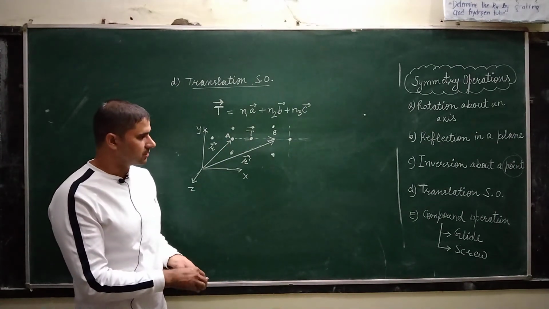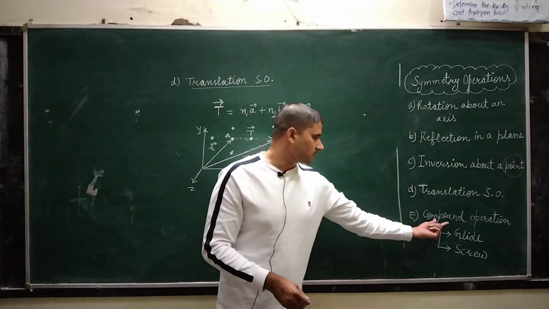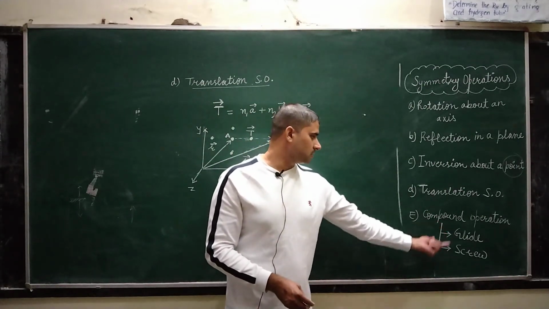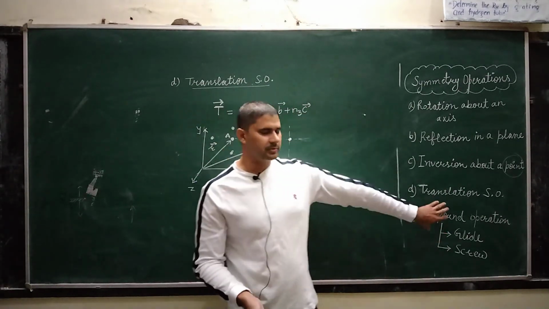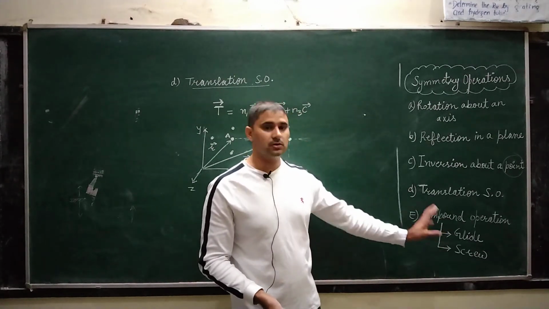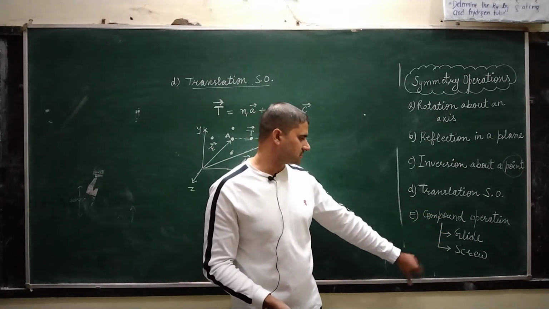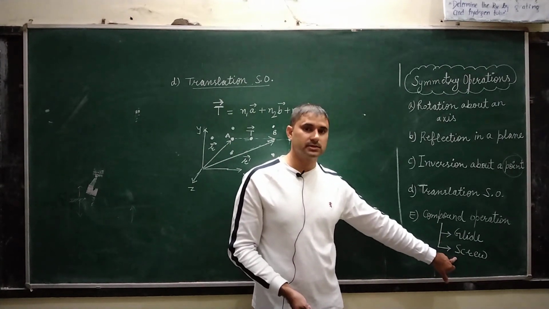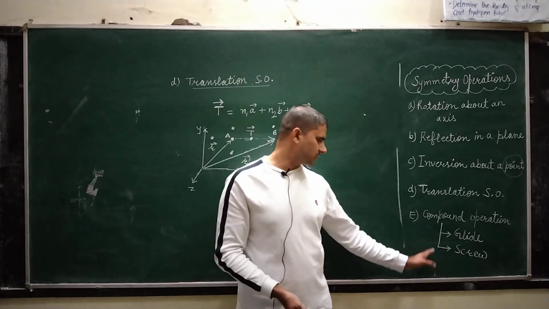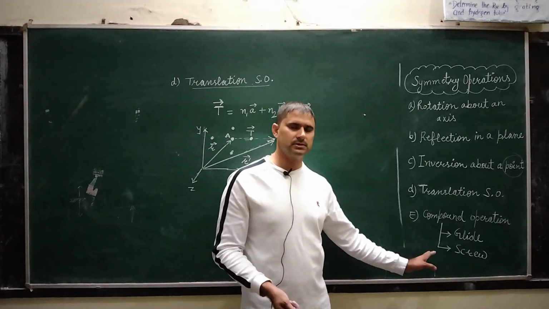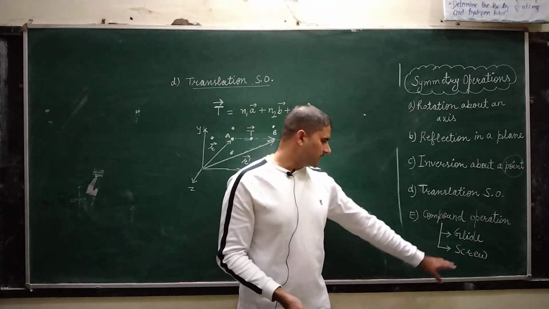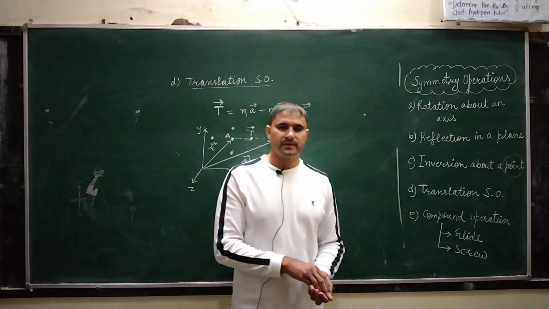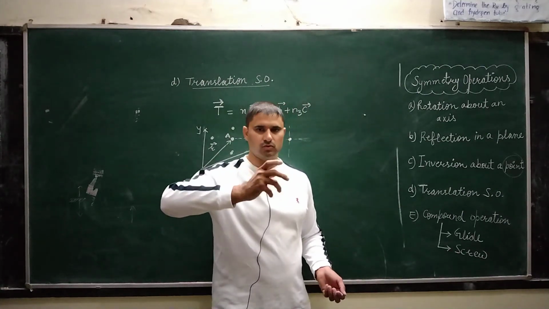Thank you class. Now, one more operation is the compound operation. A compound operation is basically a combination of different operations. One is the glide operation and another is the screw operation. These are very simple. You can see these in your book. One is the screw. You know that if you rotate a screw, what happens?